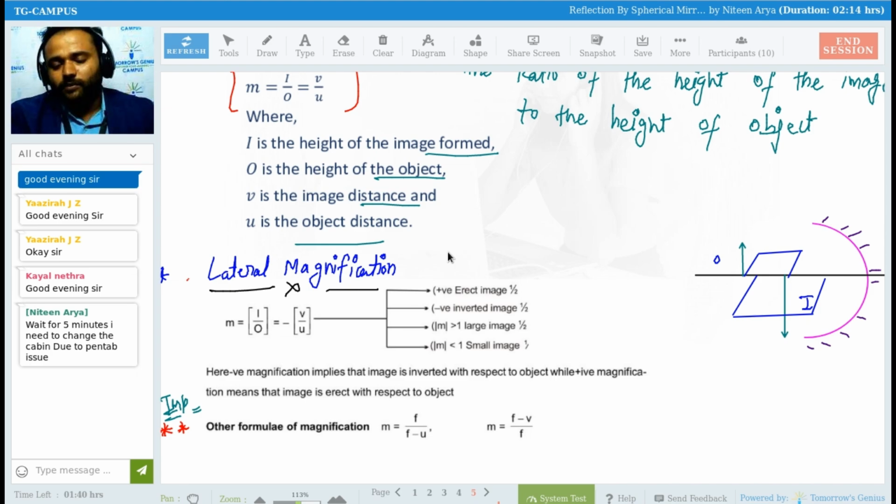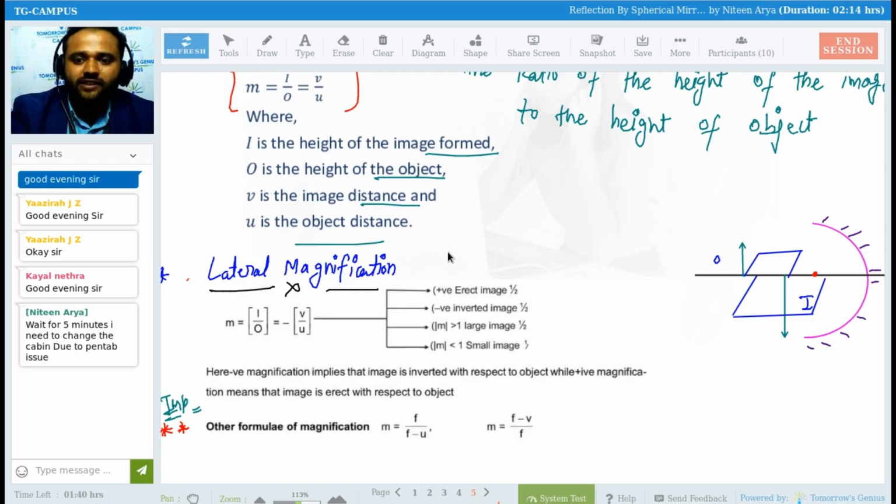And there is one important thing you are going to observe also. Whenever an object is kept very far away, the image is formed at the focus and is very diminished, very small. The more we move our object closer towards the mirror, the larger the image we get, inverted.